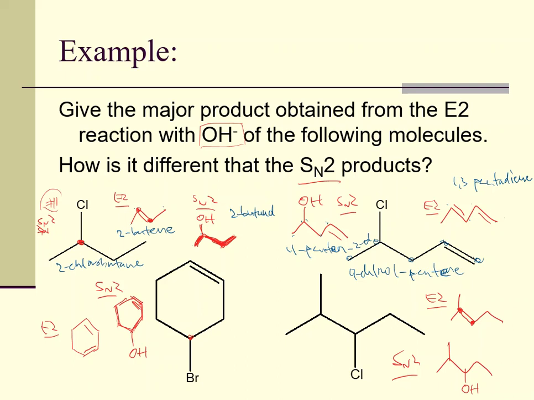Once more, I cannot comment on the stereochemistry because it doesn't tell me what it is. If this was shaded, then I would draw this one with a dashed wedge. That's how I would show that in the product reaction scheme.